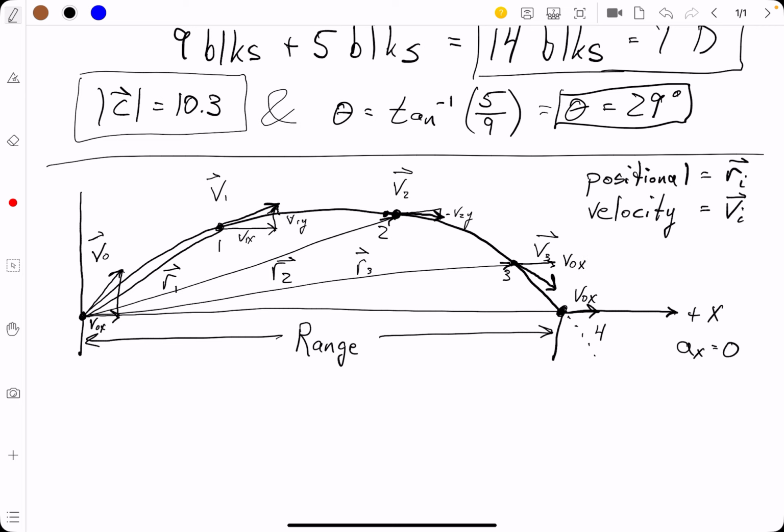The only thing that's going to change is initially we've got a big velocity up here. Our V0y is big, going up, and then gradually our V4y is going to be going down. Just like before when we threw the coin up in the air, these are going to be equal and opposite.